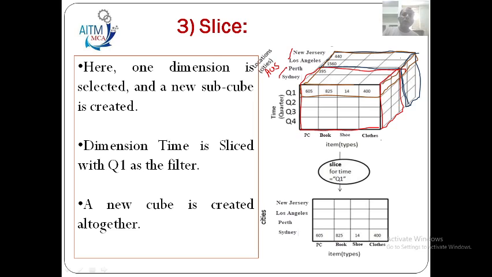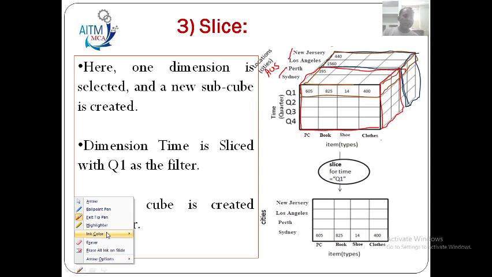If you remove the top slice, in this way, quarterly, you will get the first quarter slice. If I show you in a different color, you will get different information.